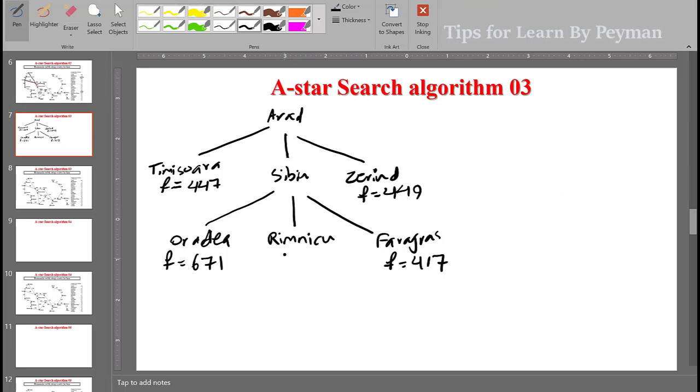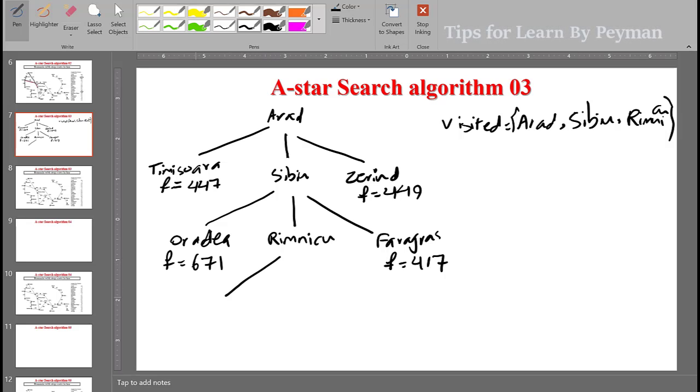When I open the Rimiju, let me see what we visit. We don't forget this. We visit Arad, then we visit CBU, then we visit Rimiju here. So when I open this Rimiju, it would be Craiova, and then we have Pitesti here.